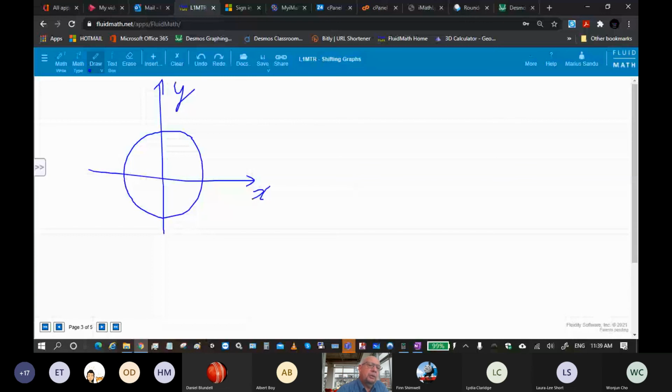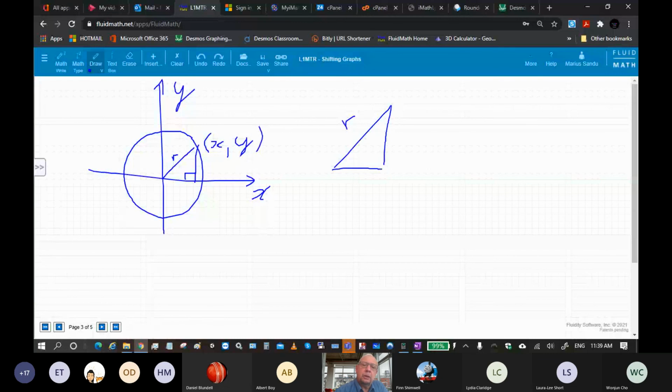If I draw a right angle triangle here, that is the radius, that's the altitude y, and this is x.